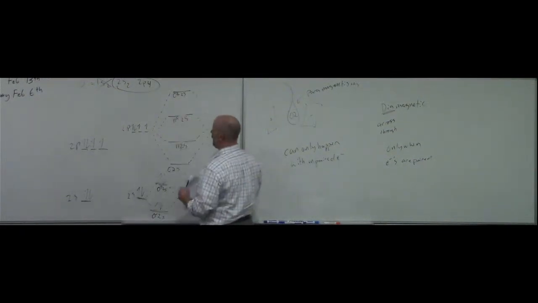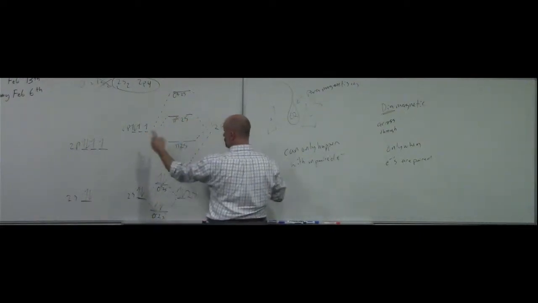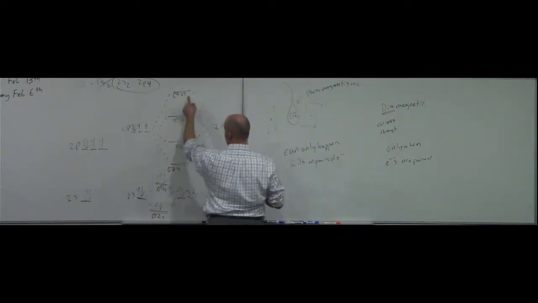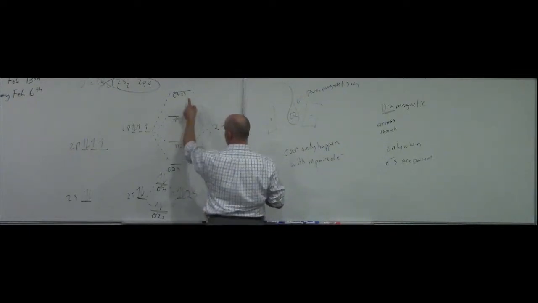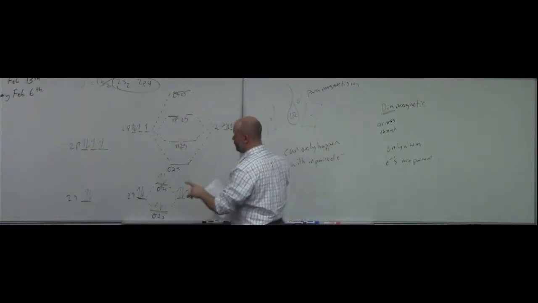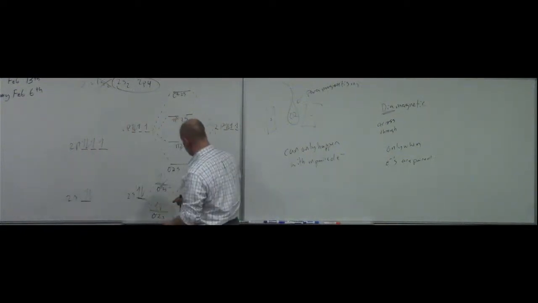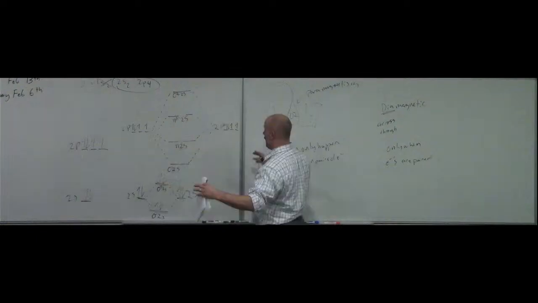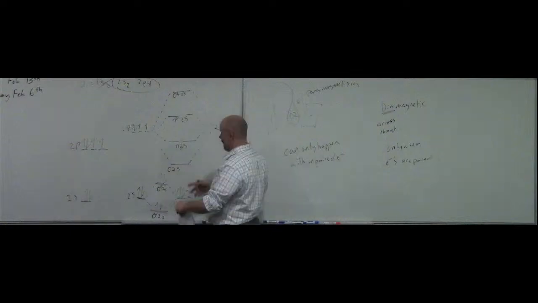Now, I brought 6 p orbitals here, or 3 from each one, right? That's a total of 6, so I have to have 6 molecular orbitals here: 1, 2, 3, 4, 5, 6. So that's the rule: however many atomic orbitals I bring tells me the number of molecular orbitals that fit here, okay?